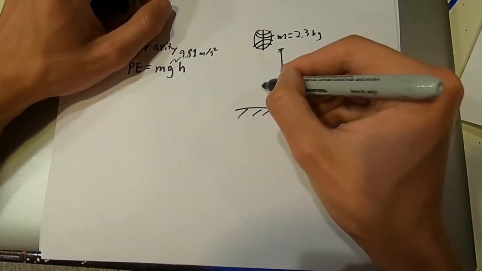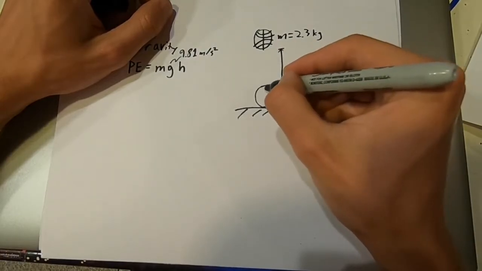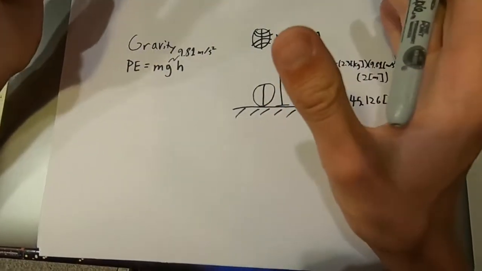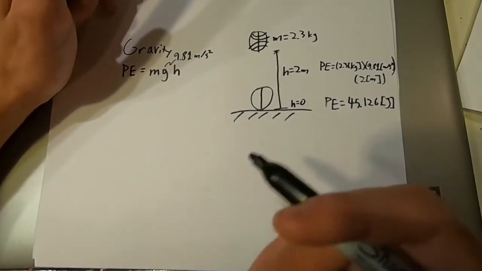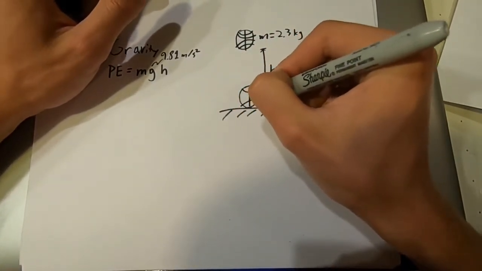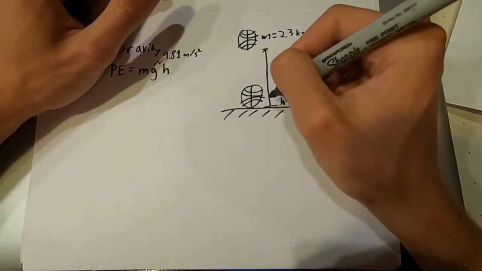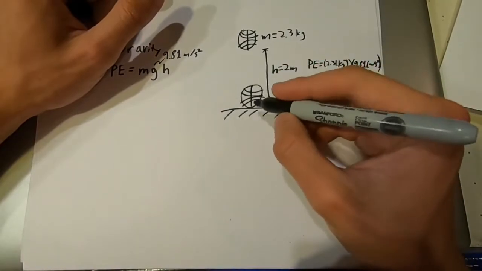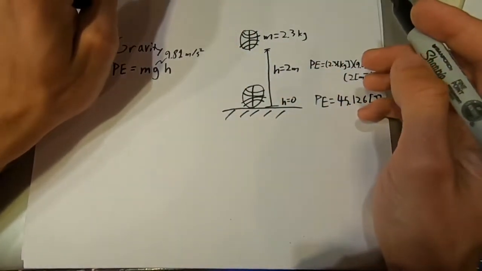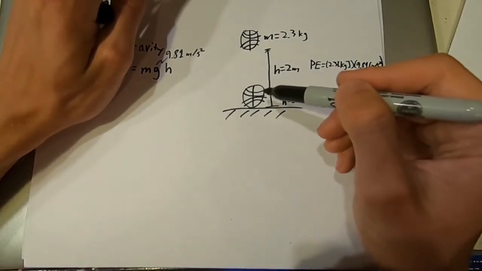So now when the ball is at the floor here, so let's say we drop this ball. At this point here, once it hits the floor, it doesn't have any more potential energy anymore. This ball can't drop any further.